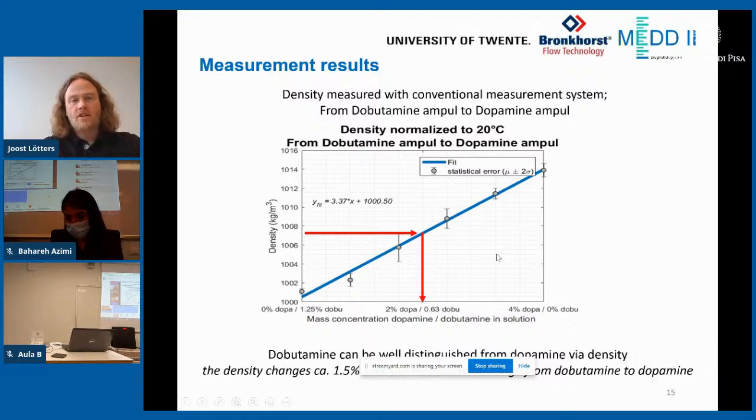So this is the characterization, and here the red lines again indicate how we could use the system in practice. So if you find this value of, for instance, circa 1007 kilograms per cubic meter, you go back into the curve, and then you see, okay, this has to be the concentration of 2% dopamine and 0.63% dobutamine.